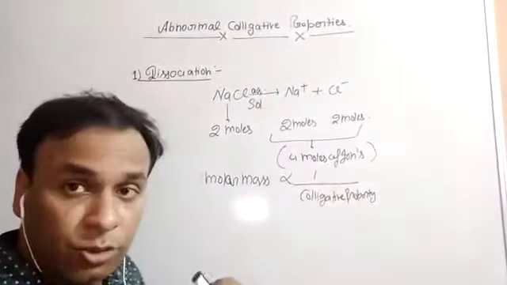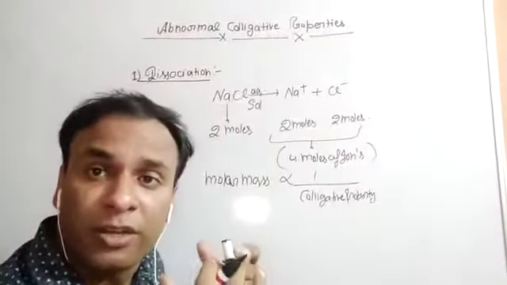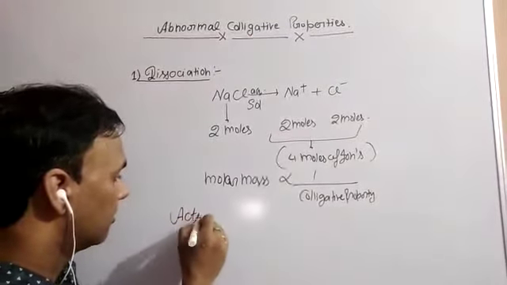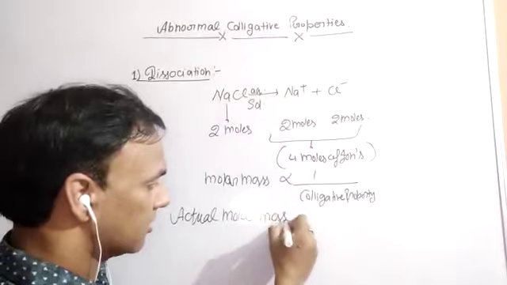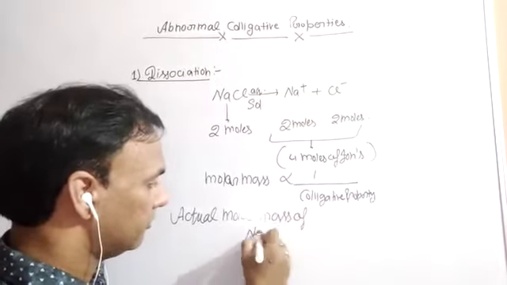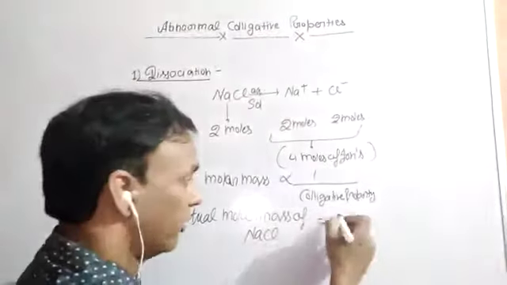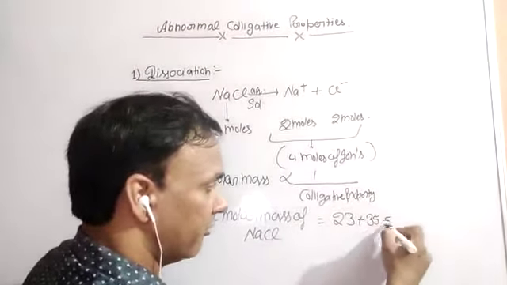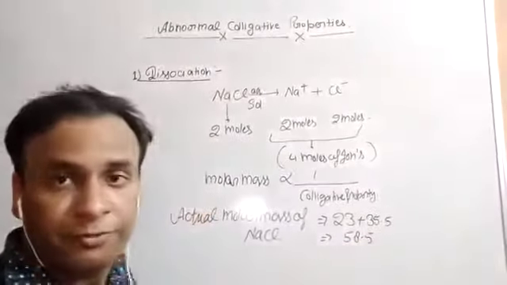Clear? So when we observe the actual molar mass of sodium chloride, sodium whose atomic mass is 23 and chlorine 35.5, it equals 58.5.